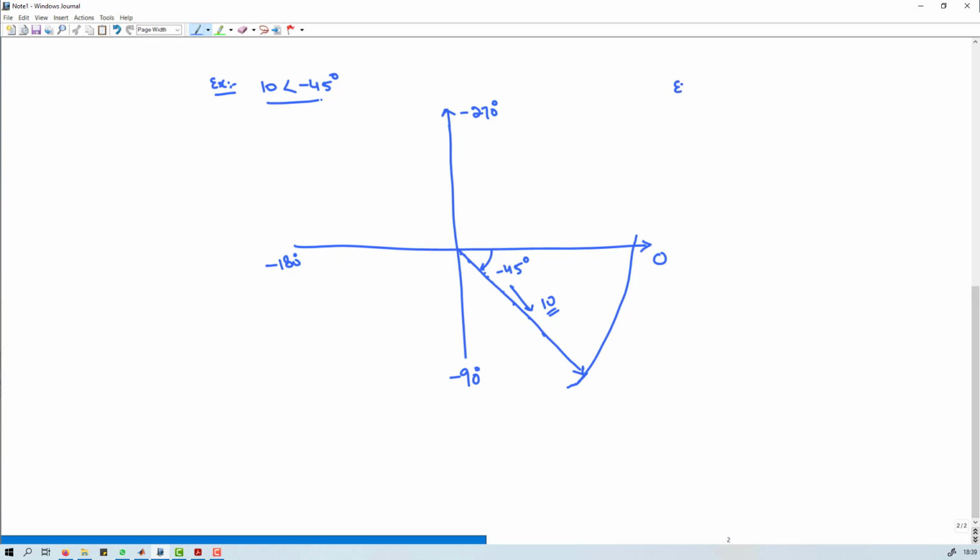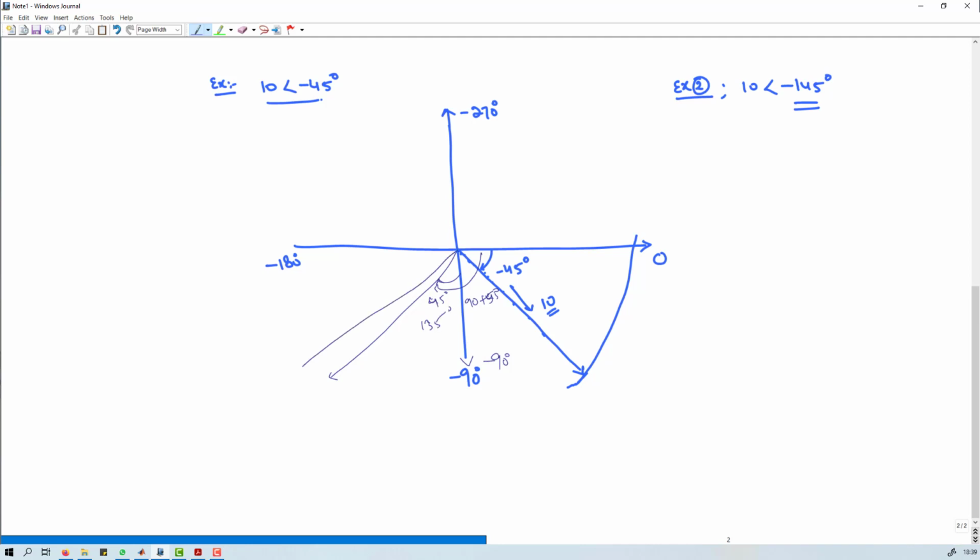Now if I take one more example of 10 at an angle of -145, which will be coming into the third quadrant, you can see this is 90 degrees. After that, 90 plus 45 becomes a total of 135 degrees. But what we need is 145, so we have to add 10 more degrees to the 135.